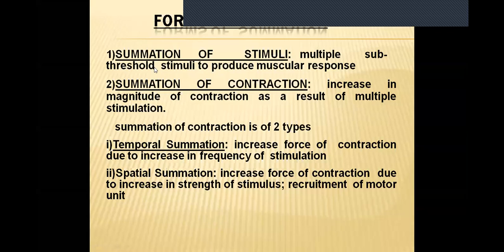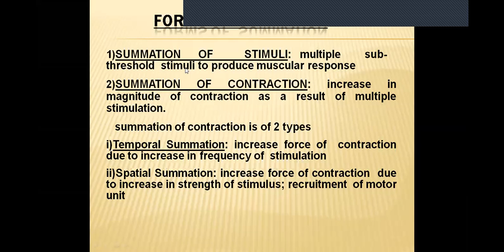Say, for example, for this muscle contraction to happen, a certain threshold value is there. When a stimulus of 100 millivolts is given, only then will muscle contraction take place. That is called the threshold value of that stimulus.